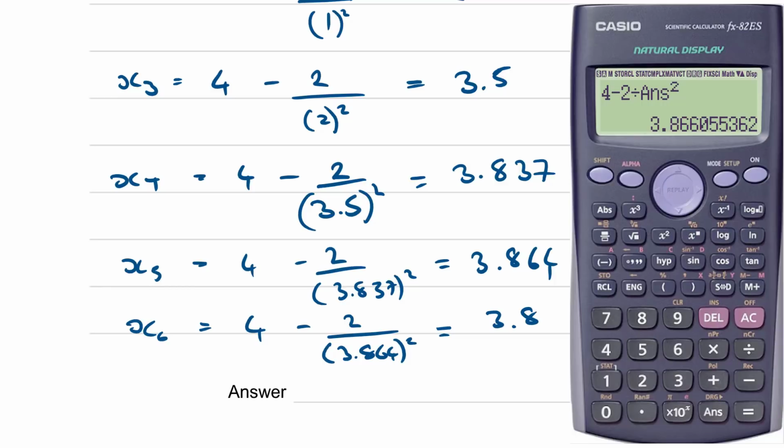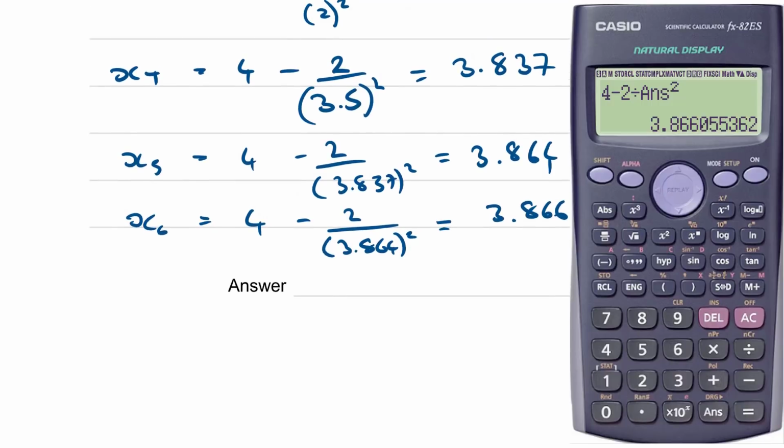3.866. So that's going to round up, isn't it? If I round it off to 2 decimal places, that's going to be 3.87. So it's still not quite settled down. Let's just do another one. x7 is 3.866 all squared.